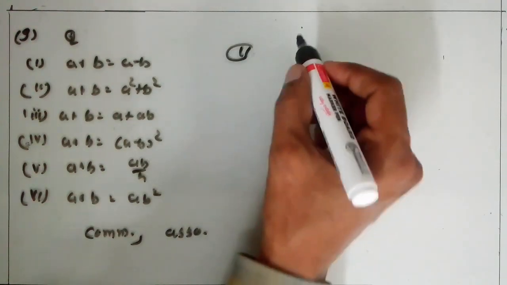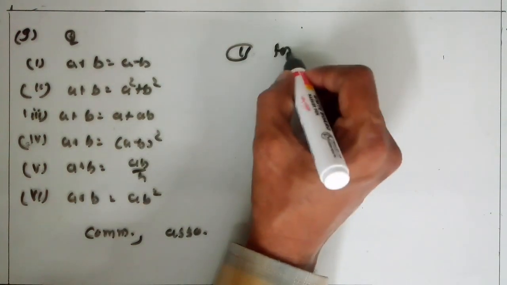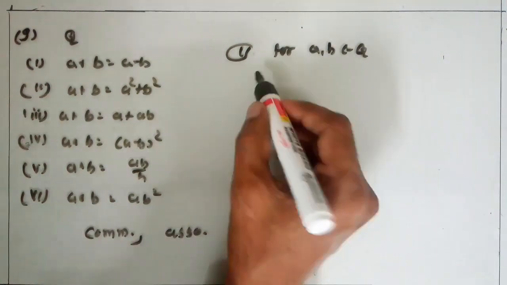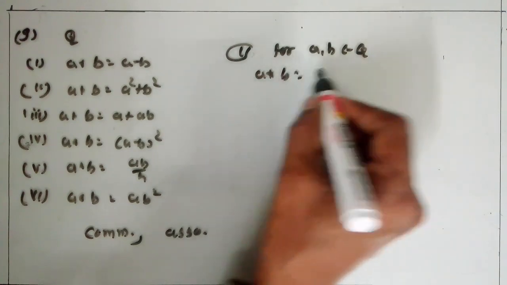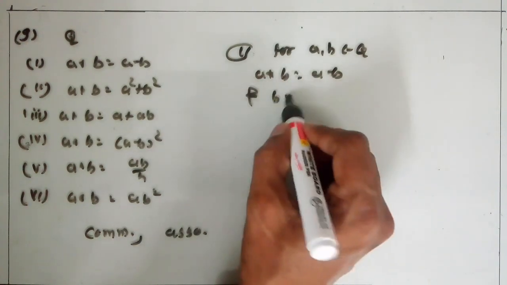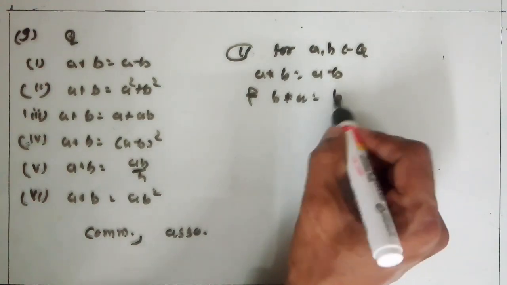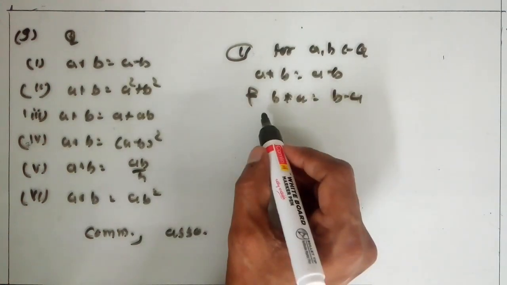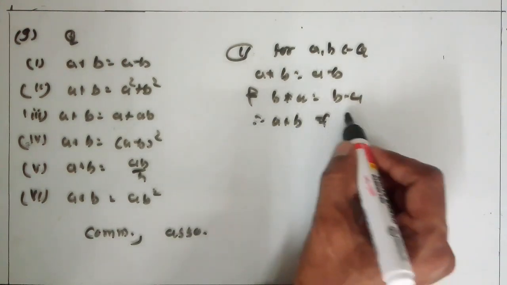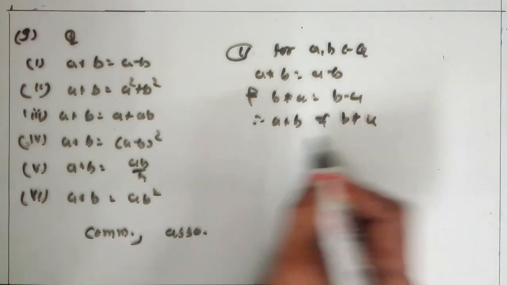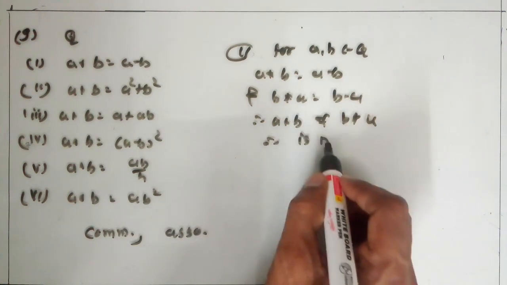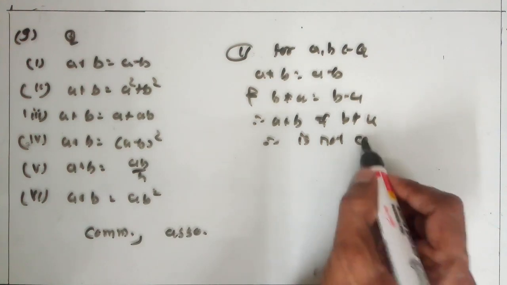So for the first, for A, B belongs to Q, A star B is equal to A minus B, and B star A is equal to B minus A, both not equal. Therefore A star B is not equal to B star A. Therefore this star operation is not commutative.